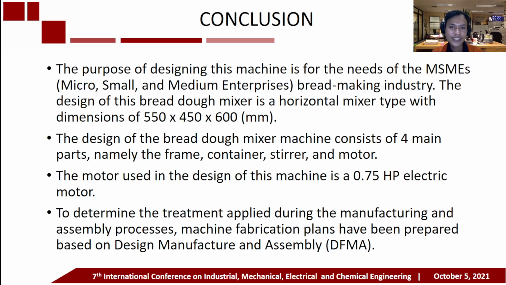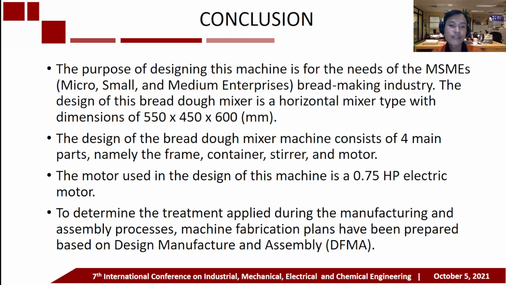The last part is conclusion. The purpose of designing this machine is for the needs of the MSMEs, micro, small, and medium enterprises bread making industry. This design of the bread dough mixer is a horizontal mixer type with dimension of 550 by 450 by 600 mm.